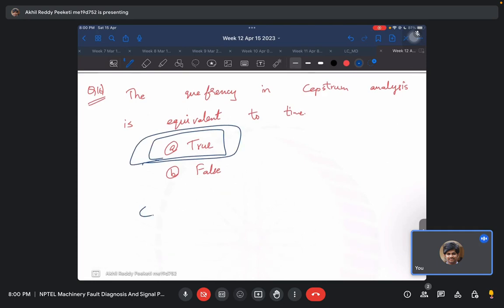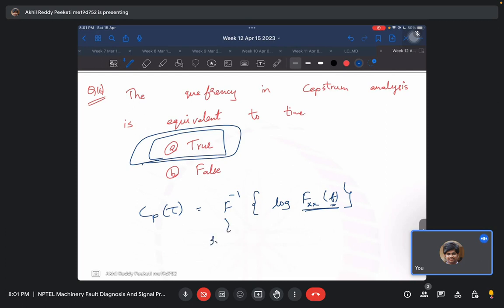So in substance analysis, you would finally have the function as a function of Q frequency, which is, so as a function for this is a Fourier transform, and then you take log of that, and of that you put the inverse Fourier transform.